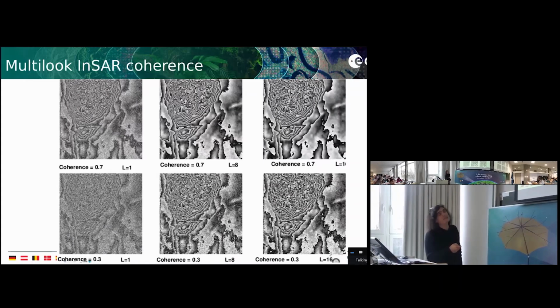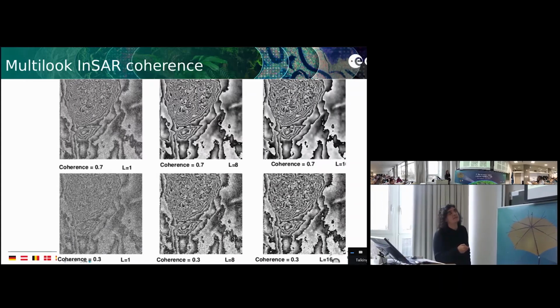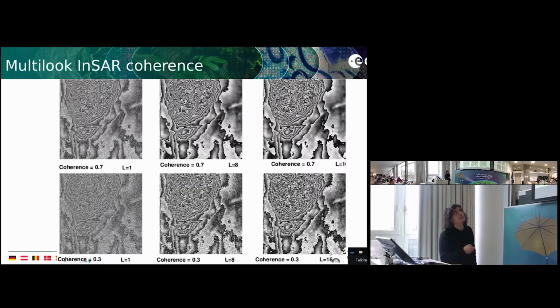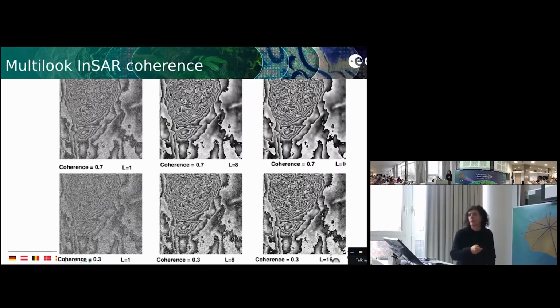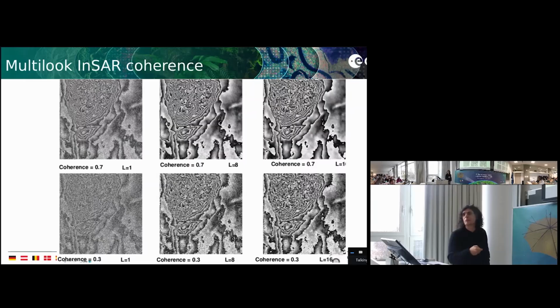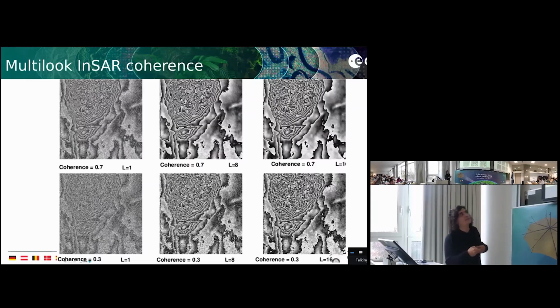Just to tell you that you see that when the fringe frequency or when the phase is rather stable, we can realize that the phase estimation is good, but when it changes very fast, you may have small errors that are created by speckle and that we are not able to analyze. Okay?